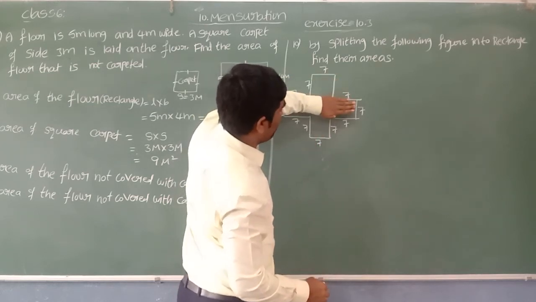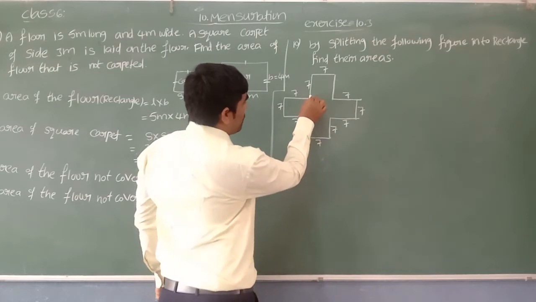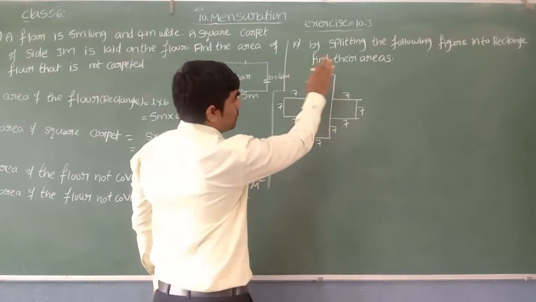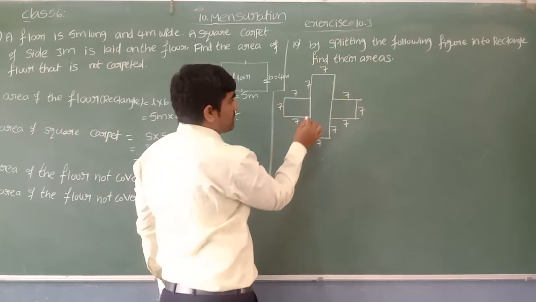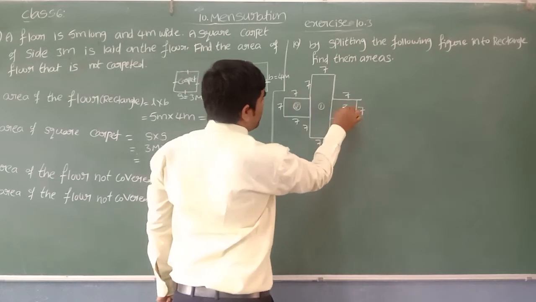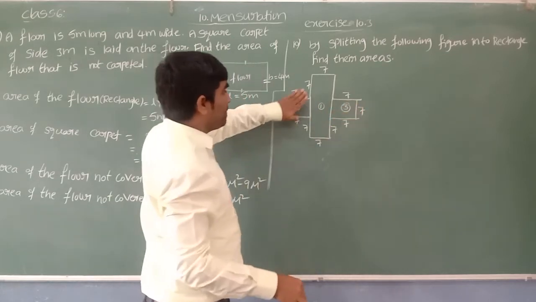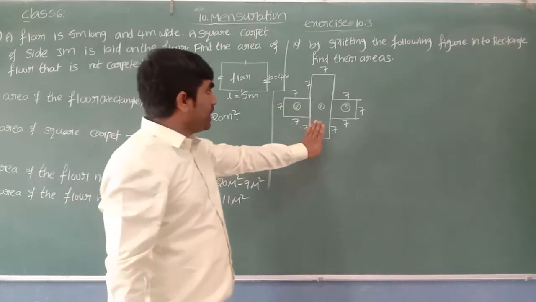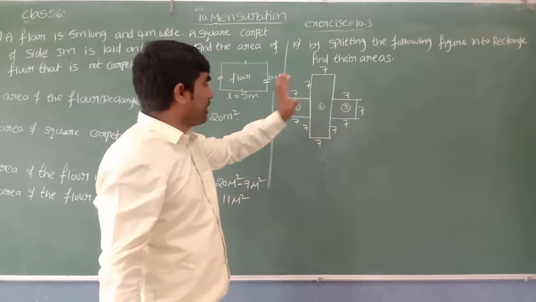Two squares, one rectangle. If I join these two also, no issues. Now the total figure is divided into three parts: first part, second part, third part. The sum of the areas of these three parts is equal to the area of the given figure. How can you find the area of the first part? Area of rectangle.